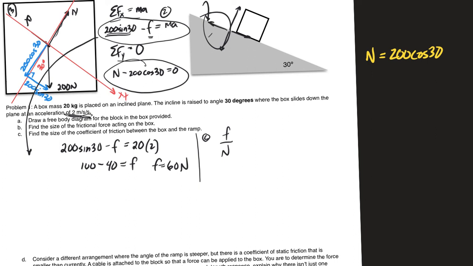So 200 times cosine of 30 is, I don't know, 160 something? 173. Not terrible, in my head. So that's not the answer. The answer is to take the 60 and divide by 173. Whatever it is, about a third. It's a unitless quantity. It's newtons divided by newtons, so there are no units in this quantity.